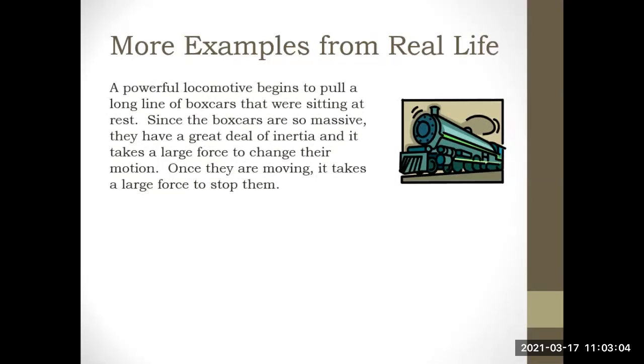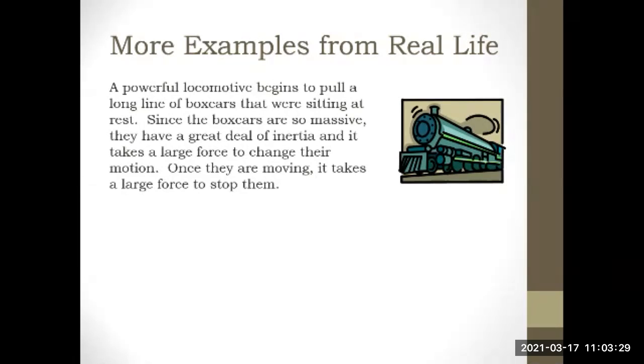So when a large amount of force is required to start the motion, a large amount of force is also required to stop that motion. So for massive things, the force required to change their velocity, that high amount of force is also required to stop that object, to reduce its velocity.